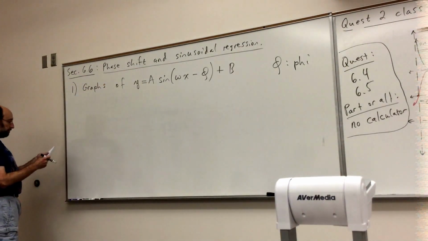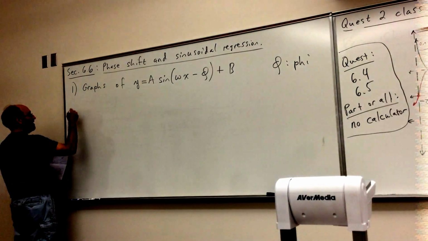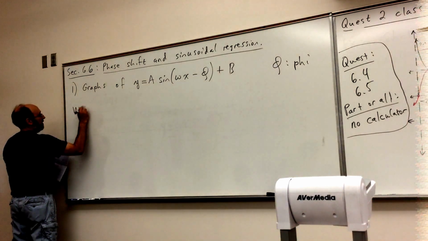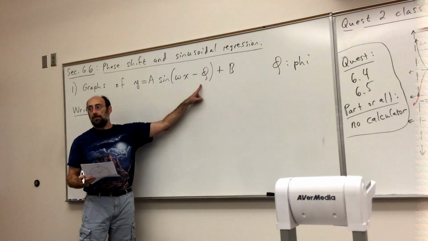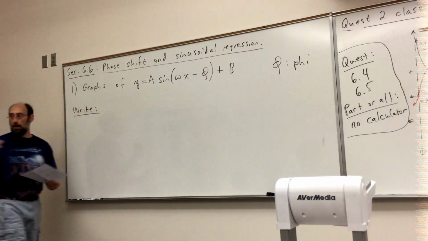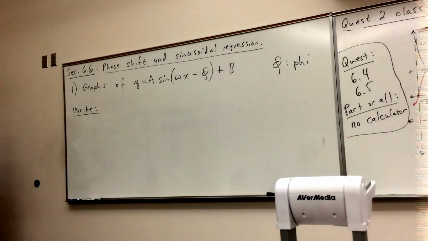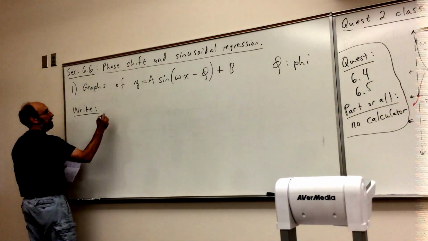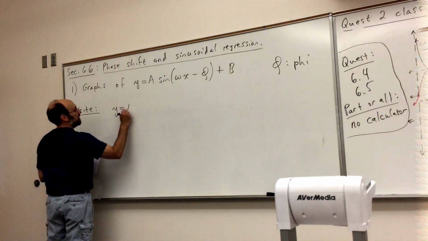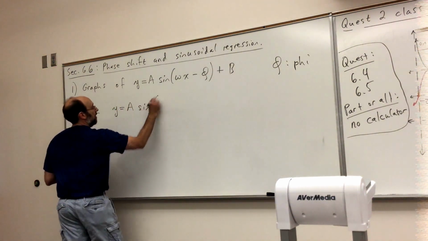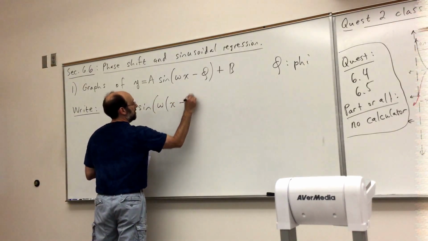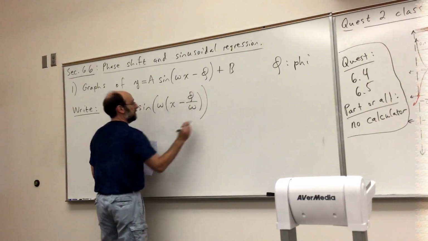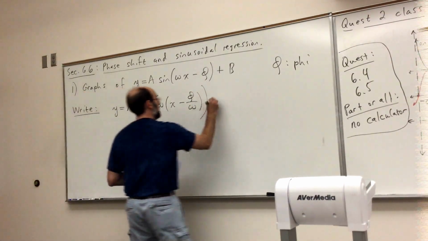So to begin with this, we're going to factor out omega from the inside, okay? And that will help us determine what our horizontal shift or our phase shift is going to be. So we have y equals a sine of omega times the quantity x minus phi over omega, plus b.